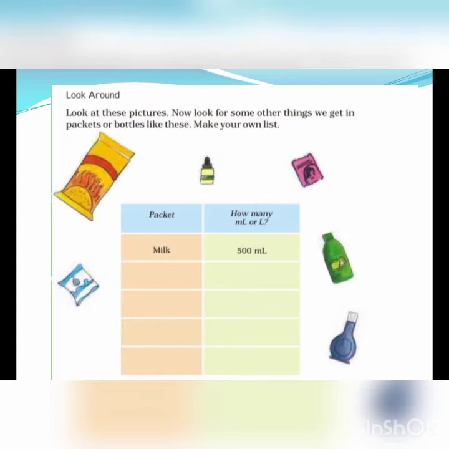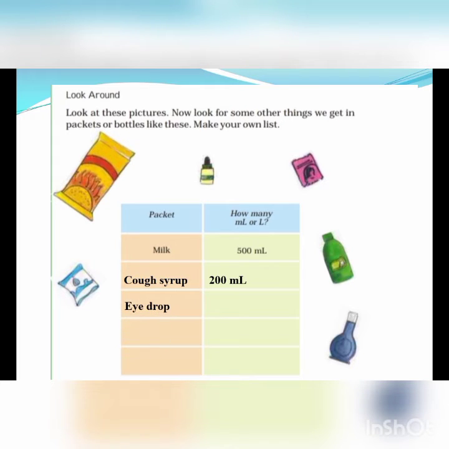Here we can make a list of things we get in packets as well as in bottles. Also, we are supposed to write the capacity of that thing in milliliters or liters. First, milk is given and the capacity of the milk packet is 500 milliliters. Next, cough syrup. I have a bottle of cough syrup of 200 milliliters.